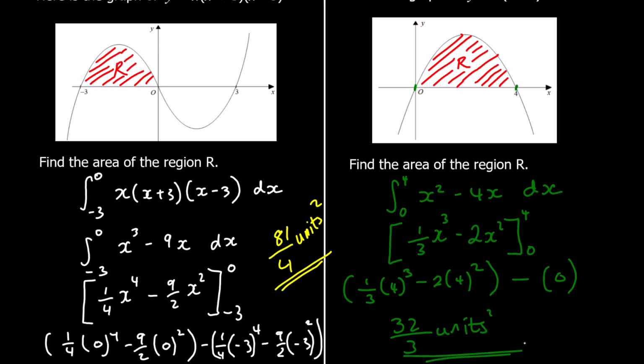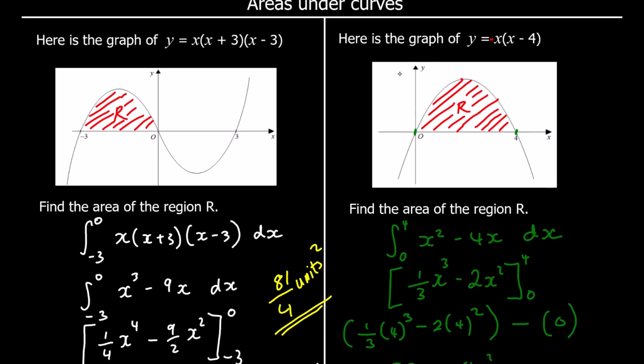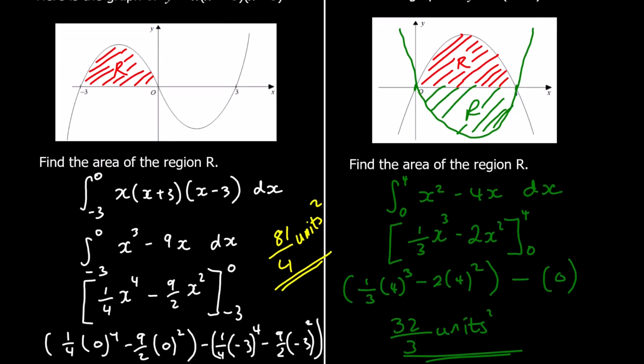So when we get a negative answer out, it just means that the area is underneath the x-axis. If we had a minus here, a negative, it would be negative x squared plus 4x, and we'd get exactly the same answer, only it'd be positive.